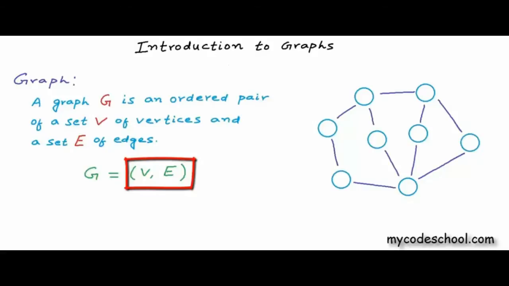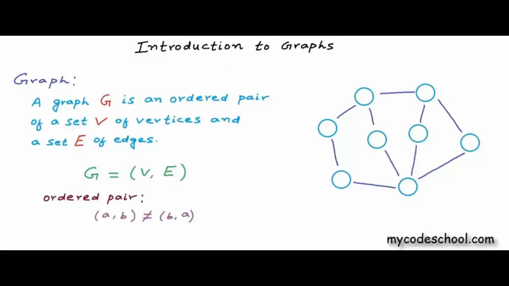Now because the order here matters, we can say that V is the first object in the pair and E is the second object. An ordered pair (A, B) is not equal to (B, A) unless A and B are equal. In our definition of graph here, the first object in the pair must always be a set of vertices and the second object must be a set of edges. That's why we are calling the pair an ordered pair. We also have the concept of an unordered pair.